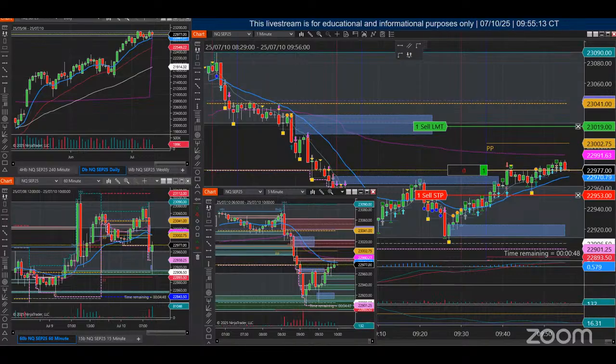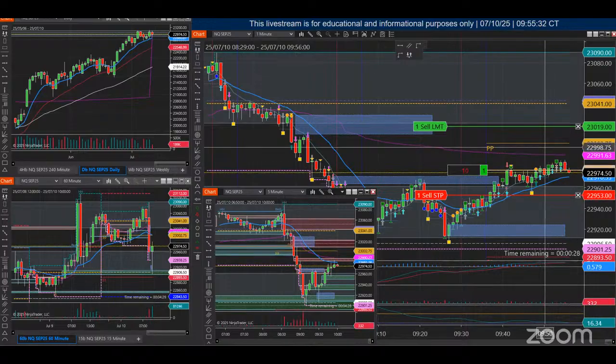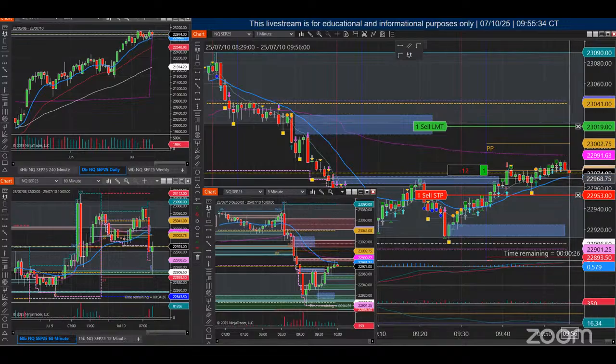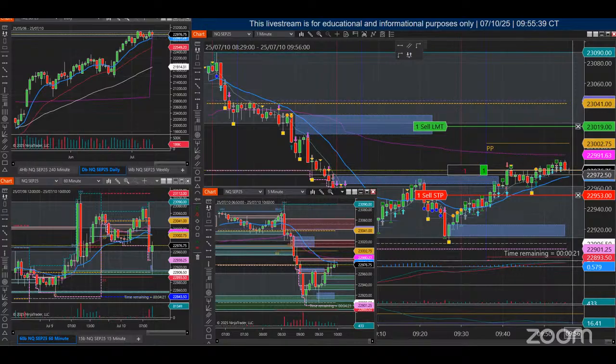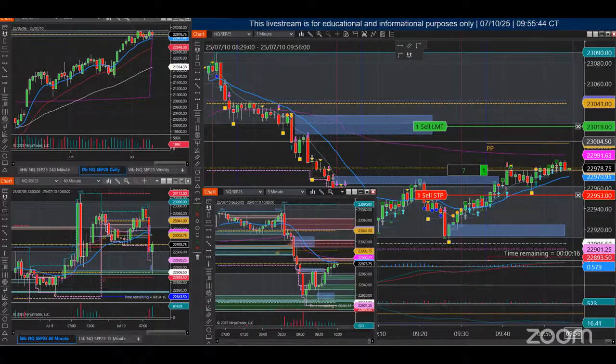The potential here is that it should shoot through VWAP and go back to this higher liquidity area, and then it can come down one more time. So that is the idea anyway. But as of this moment, unless it retests this moving average and holds above, probability will go down significantly.